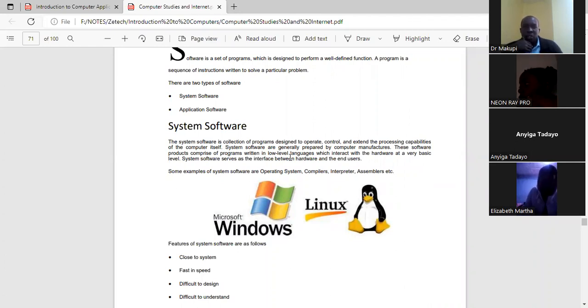Now, these software are normally written in low-level languages, which interact with the computer hardware.